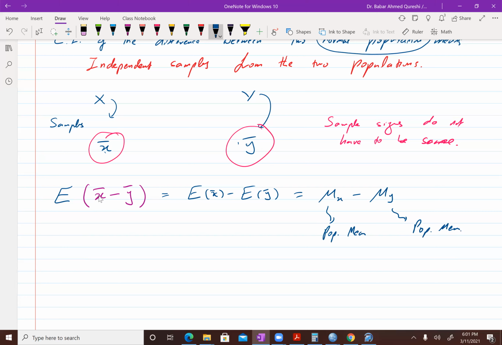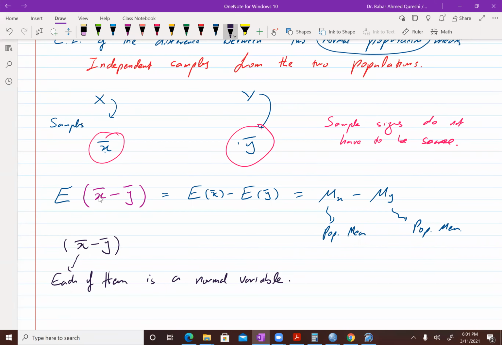So if I compute this variable, first of all, each of them is a normal variable, that is, normally distributed.